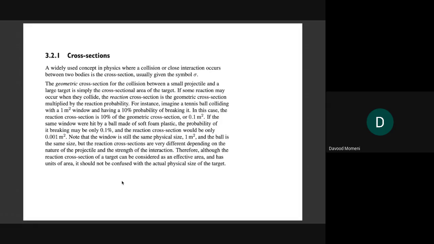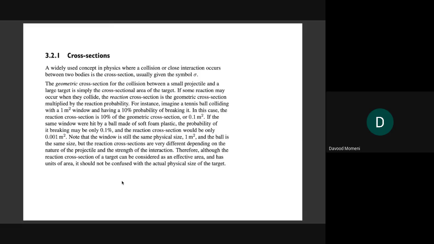But consider now, instead of bullets, particles. When particles are shot at your target, some of the particles may make an interaction. So you have to exclude the number of particles which, before they are received by the target, will make an interaction. This is called the reaction probability.